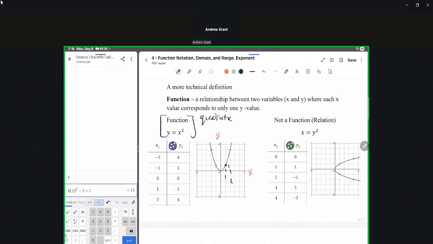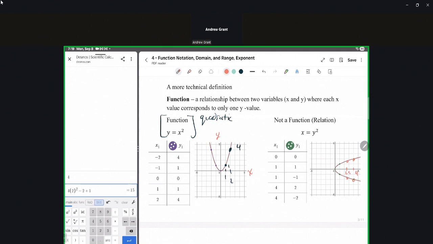And if I look at the value x equals 2 for the quadratic, it only goes to one value, 4. For the relation, the problem I'm running into is that when I look at the value of, say, x equals 4, there are two answers it could be. And even if I wanted this value in between, say 2.5, it could be one of two answers. So this is not a function.